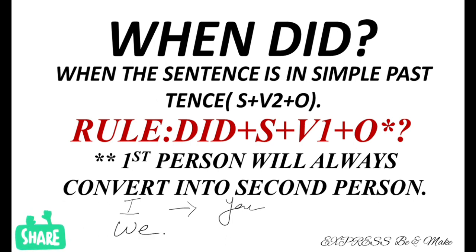If this is we, this is also you. Sometimes it can also be seen that this change is vice versa. That means you, the second person, is becoming first person. How? When? I will show you a little later. So, hopefully up to did is completed, and now let's discuss some more examples.